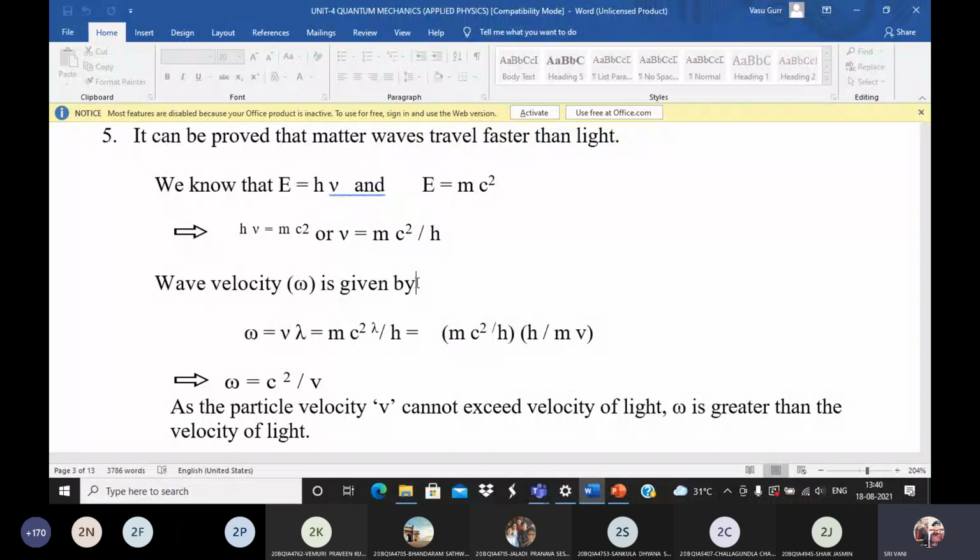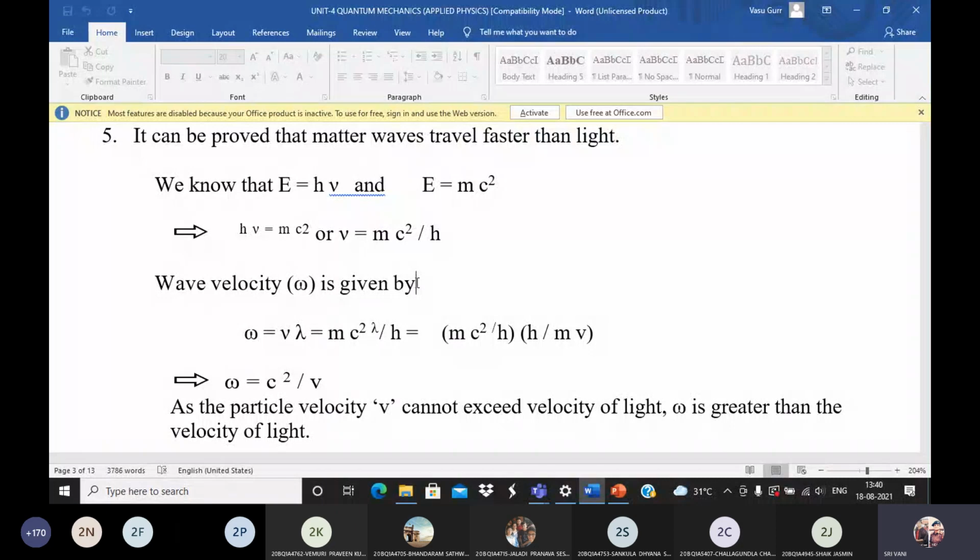Our lesson is quantum mechanics. It explains about dual nature. The present derivation is the correlation between particle velocity and wave velocity. So the relation is explained by the formula omega is equal to c square by v. Omega is the wave velocity and v is the particle velocity.